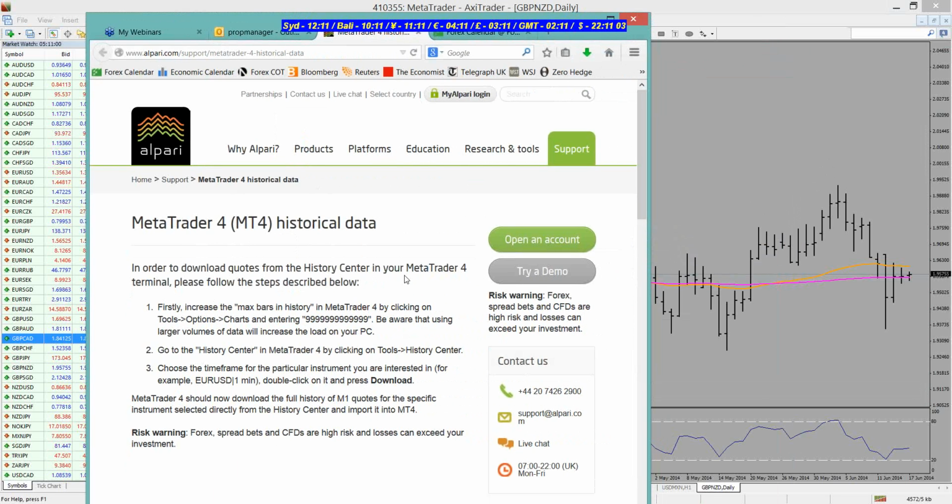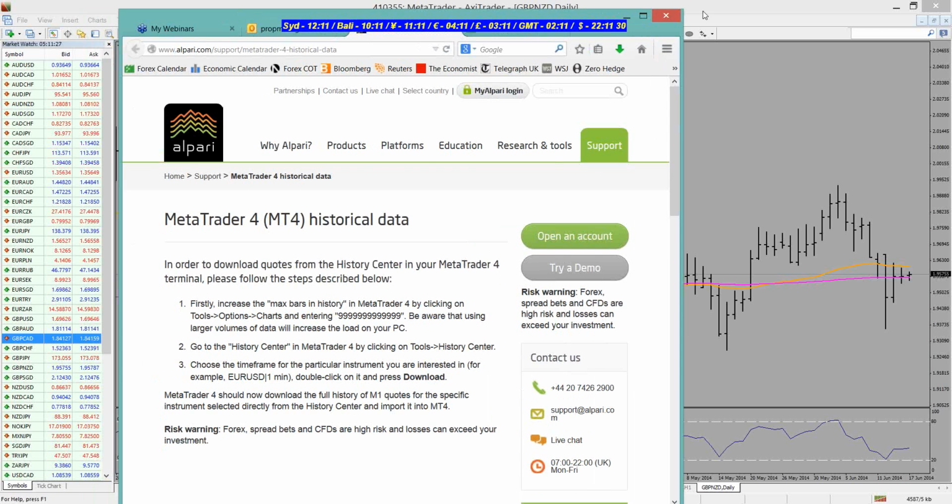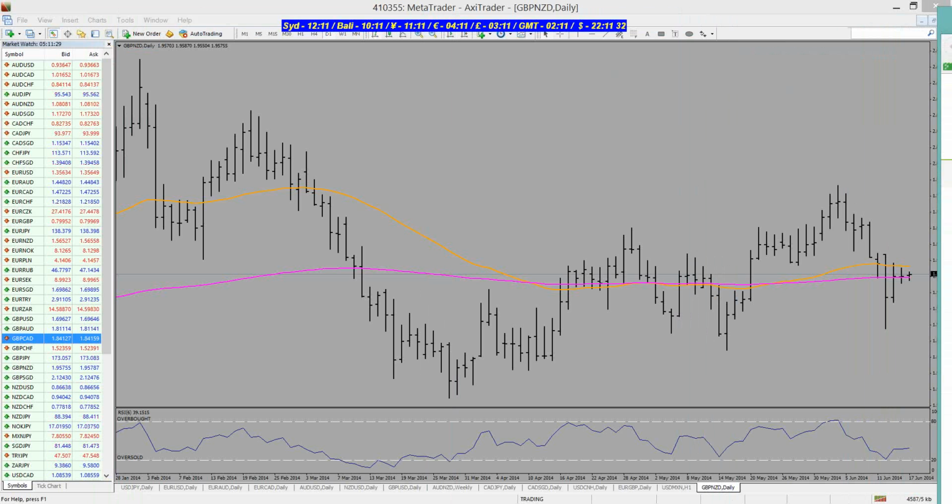This is the website, Alpari, support/MetaTrader-4-historical data. So if you go to alpari.com and search for MetaTrader 4 under the support things, you'll find it. Then download all the history for it. I think it does take some time, but that's a useful thing to see. I appreciate you sending that through, Phil. Thanks.